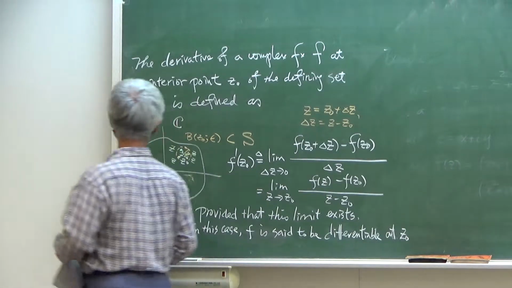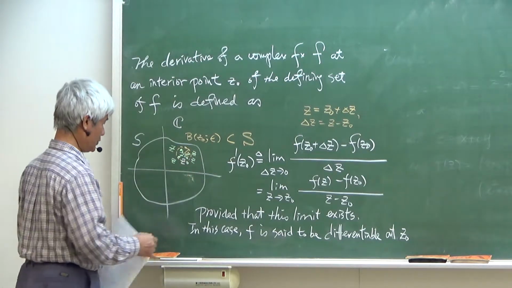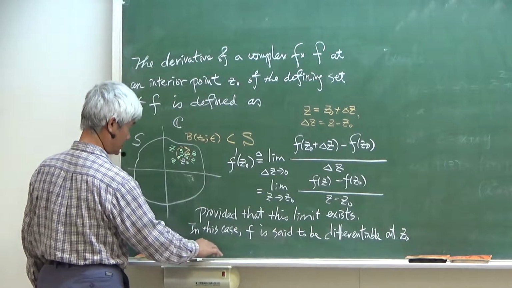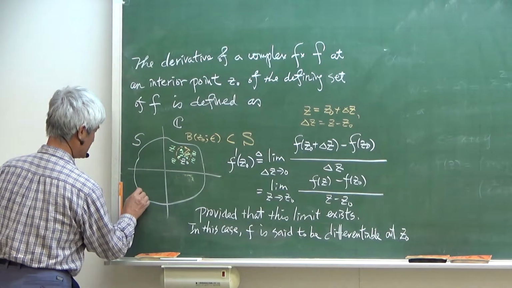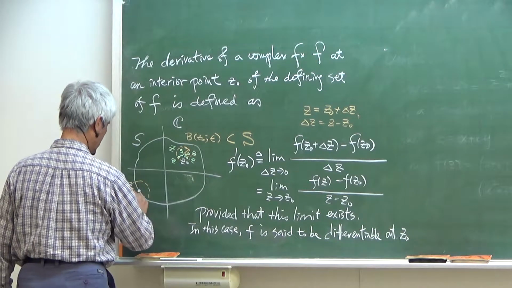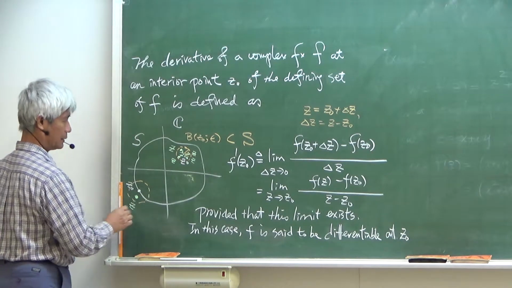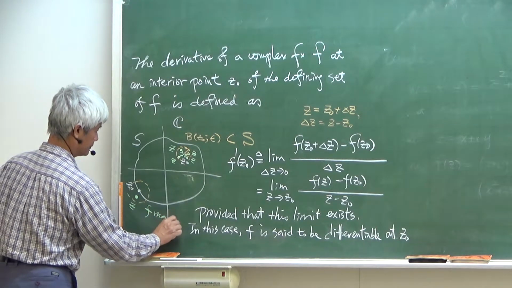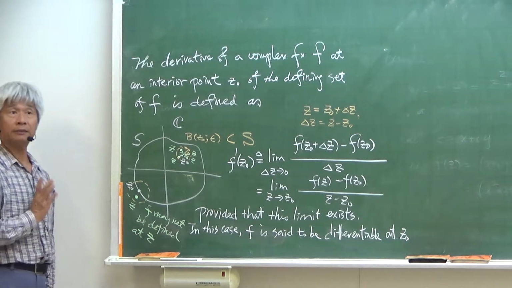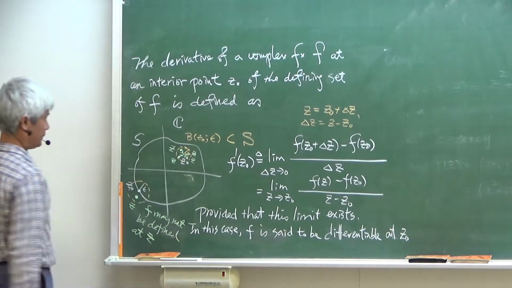The reason why it is hard to define the derivative at a boundary point is that if z0 is on the boundary of the domain, suppose you have a boundary here and this is z0, then any neighborhood contains points where f may not be defined.